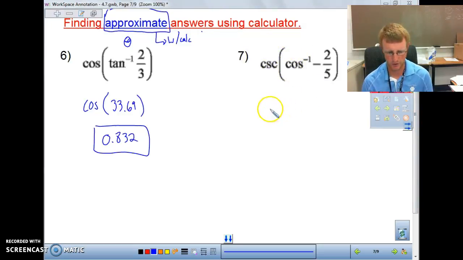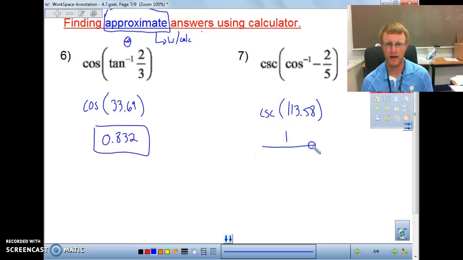You put that into the calculator and we have cosecant of 113.58. Remember, when you're using a calculator with things like cosecant, you need to rewrite that as sine, so it'll be 1 over the sine of 113.58. Put that in the calculator and you should get 1.09.